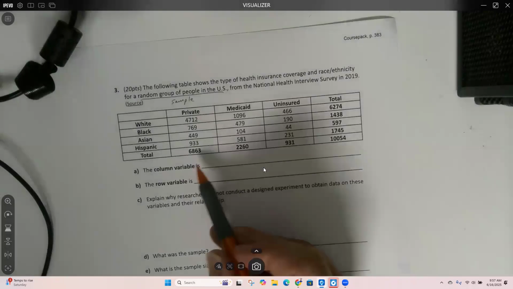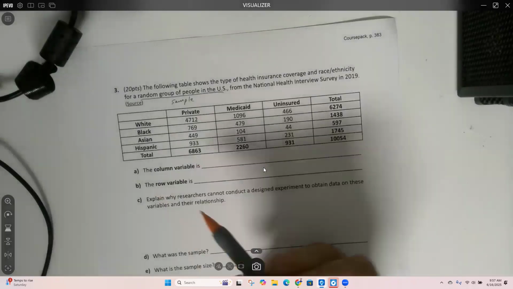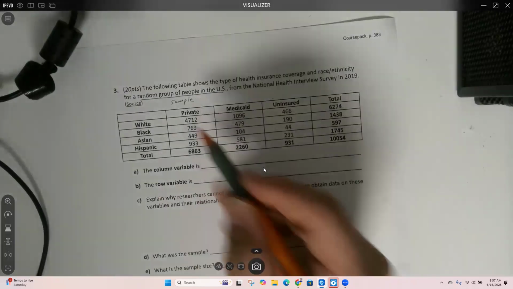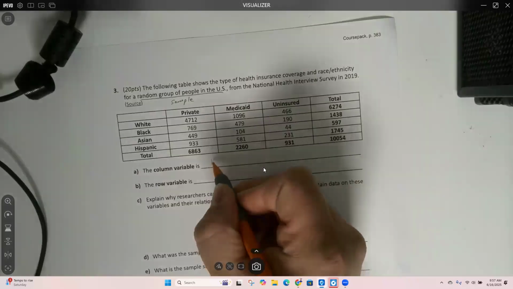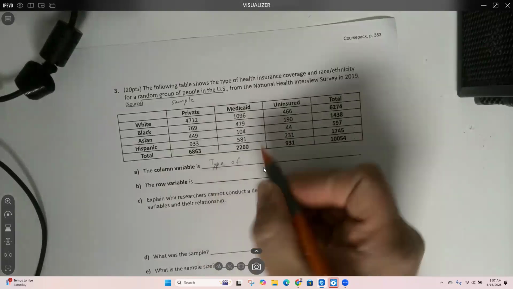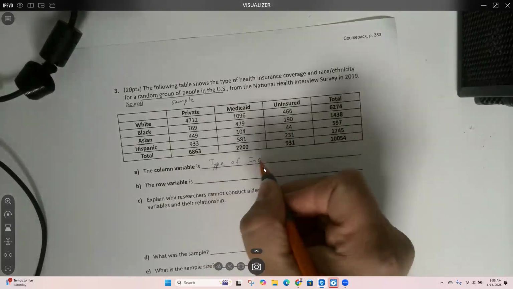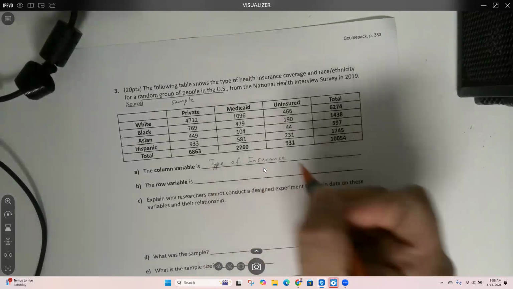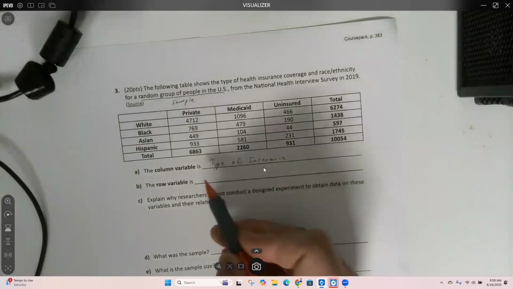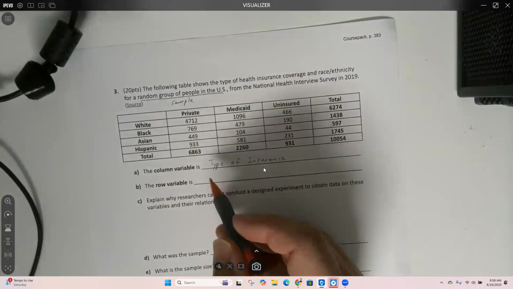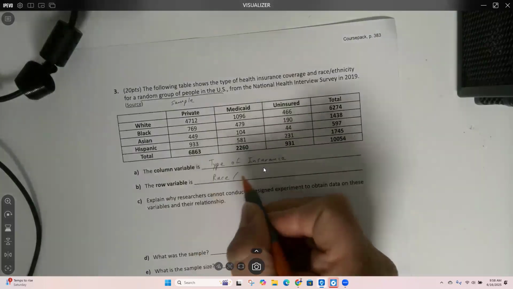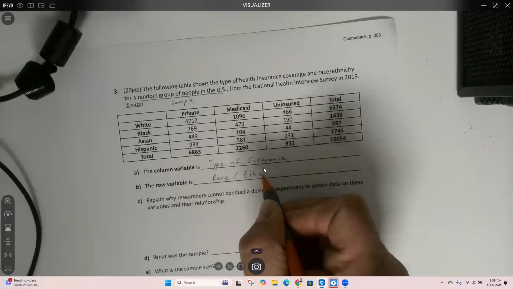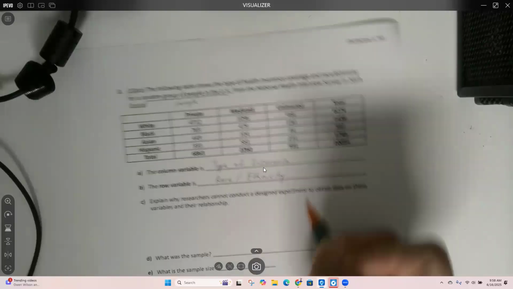So the column variable, column is up and down, so that would be the type of insurance, right? And then the row variable is race or ethnicity. Okay.